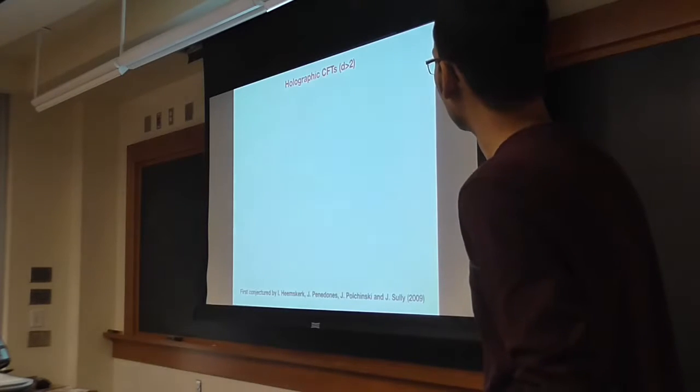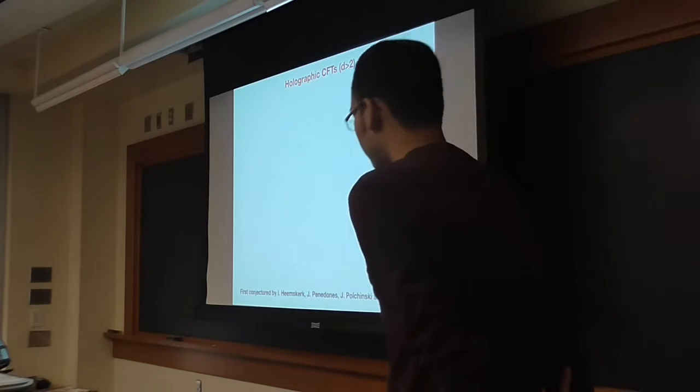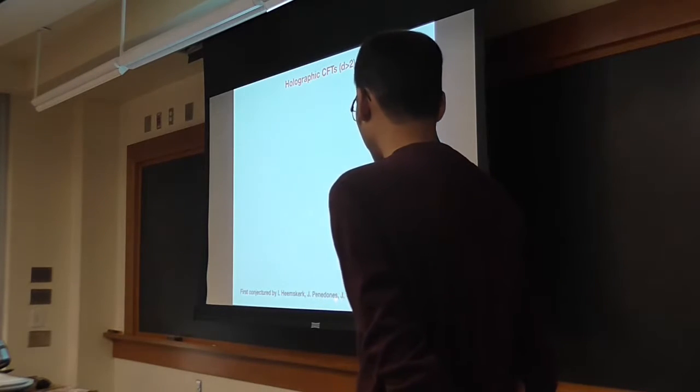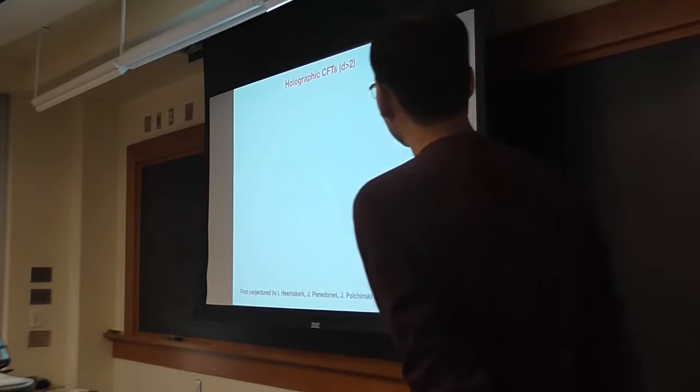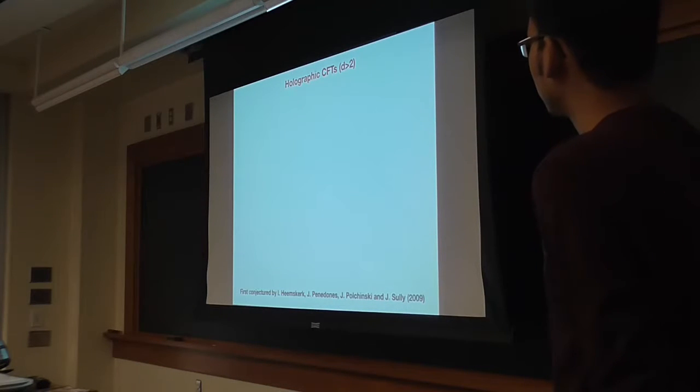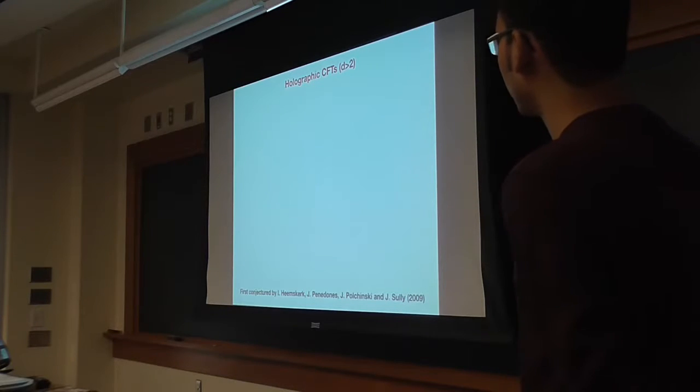So this is the first conjecture, by Heemskerk, Penedones, Polchinski, and Sully in 2009. They conjectured that the set of CFTs which obey two conditions have a holographic dual description in d greater than 2.